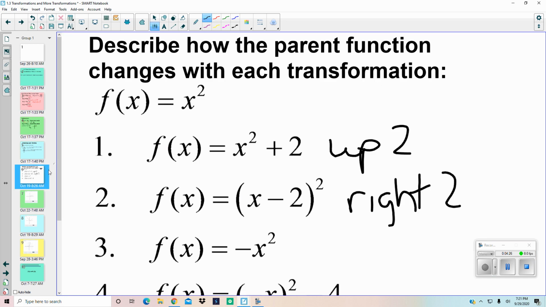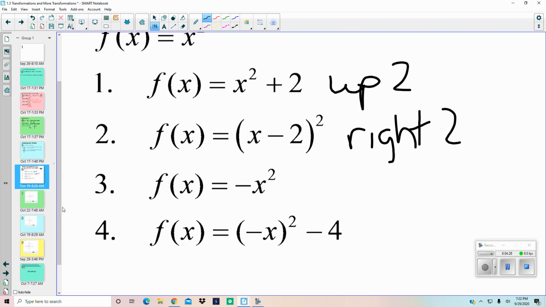A negative in front would be an x-axis reflection.